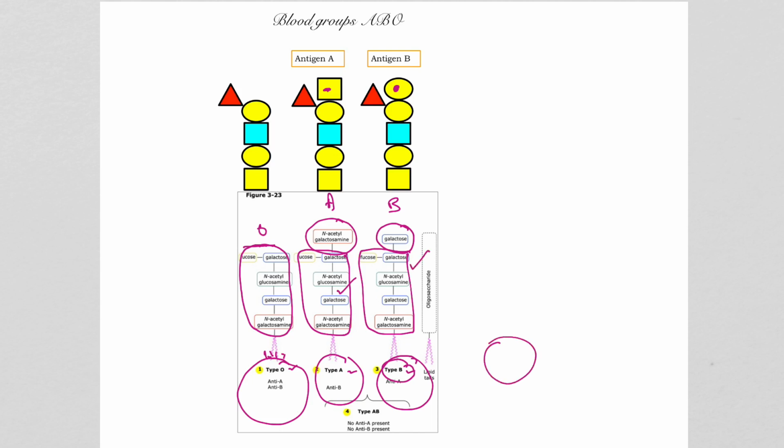Now, people with type AB will have both the A as well as the B antigen present on their red blood cells.